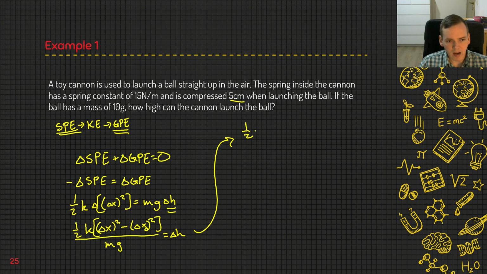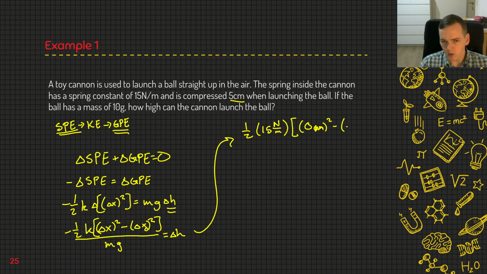So 1/2 times 15 newtons per meter times delta x final, which we said was 0 meters squared, minus the initial, and we still need a negative on here.